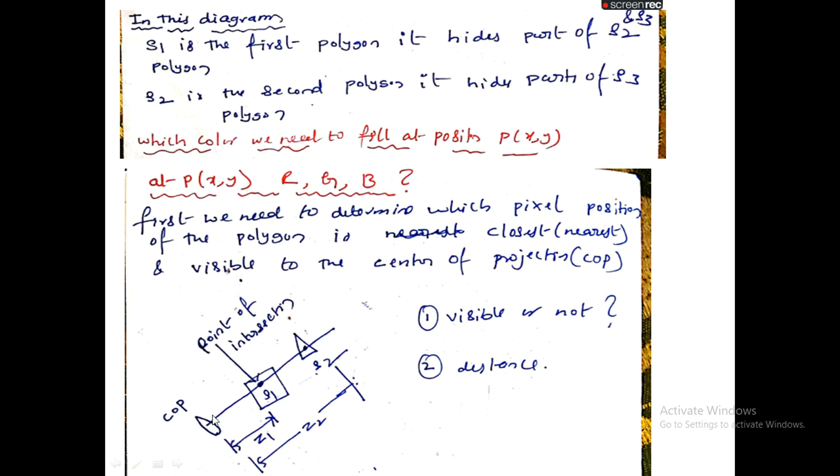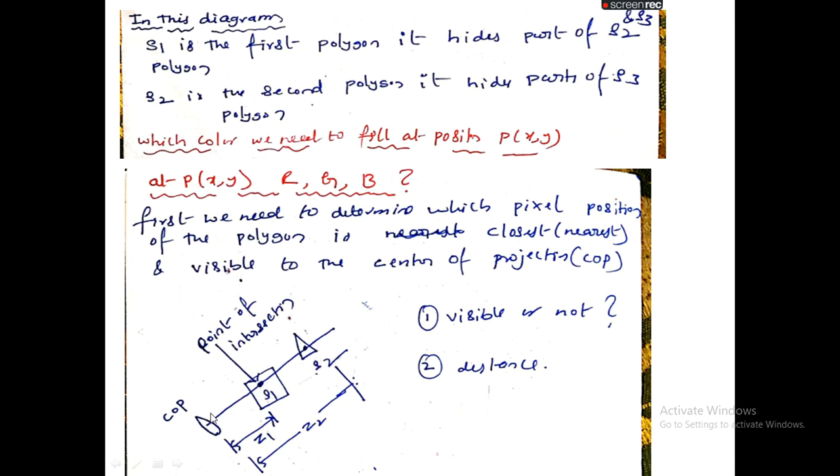Now, what is the concept we are using in Z buffer? We are using the concept called center of projection here. See the mouse pointer, we are moving in this direction. Now we need to calculate the distance from the center of projection to this particular surface with respect to that pixel, and the distance from the center of projection to this other surface too.